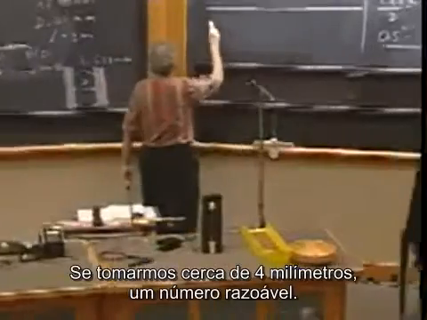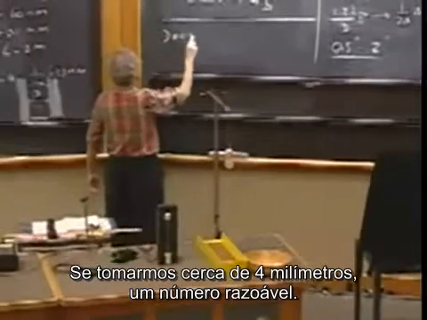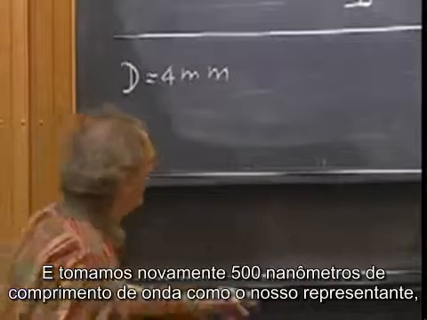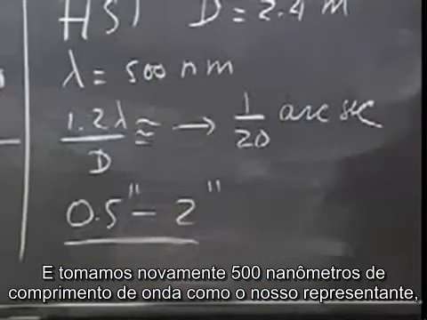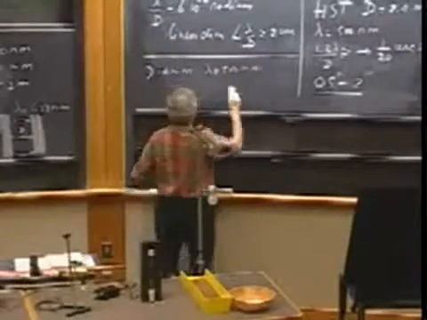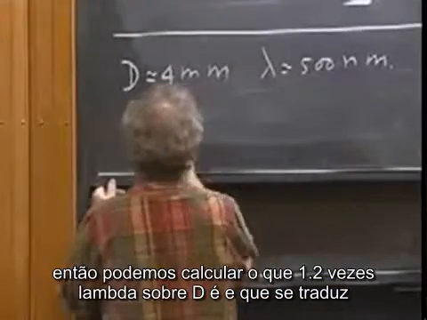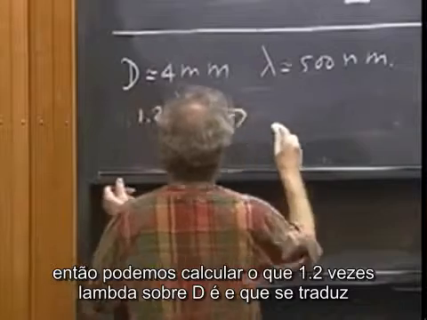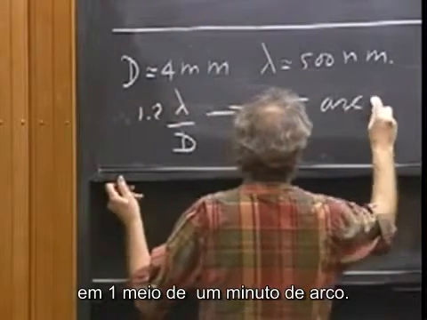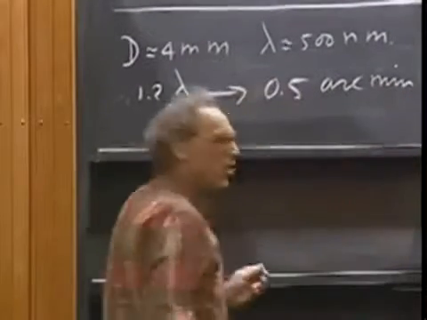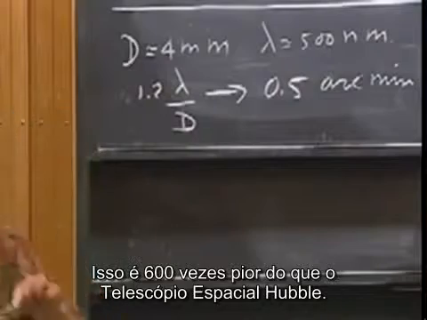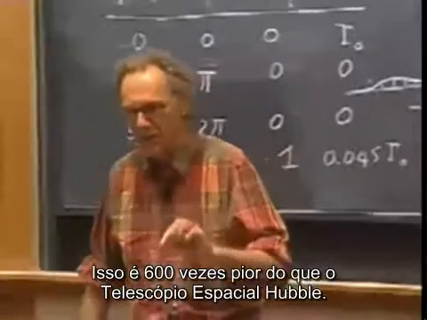If we take about 4 millimeters, a reasonable number, and we take again 500 nanometers as our representative wavelength, then we can calculate what 1.2 times lambda over d is, and that translates to half an arc minute. That is 30 arc seconds. That is 600 times worse than Hubble Space Telescope.